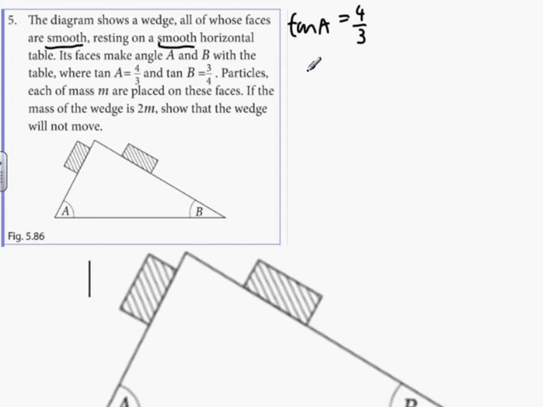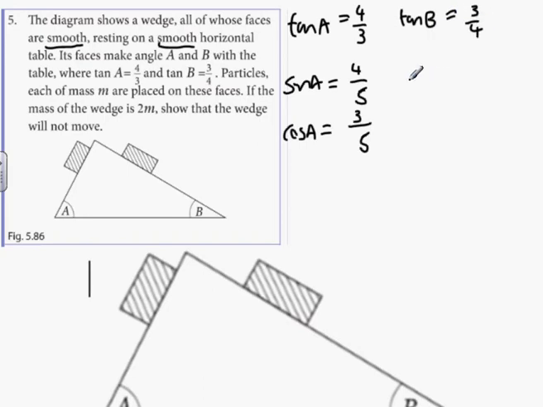my triangle here. We already know that sine A and cos A are going to be over 5. Opposite over adjacent, so 4 over 5 and 3 over 5. And then we're going to note that tan B is 3 over 4.